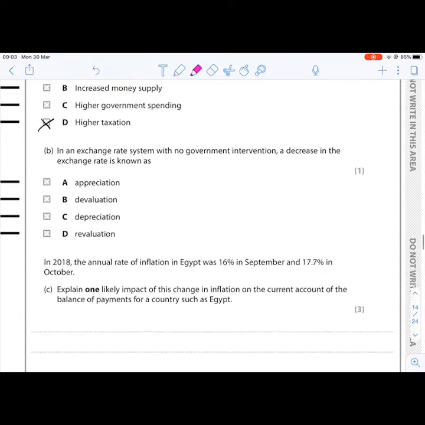The next question. In an exchange rate system with no government intervention, a decrease in the exchange rate is known as, well, it says no government intervention. So this is quite key. We already know from a previous question that it can't be devaluation and it can't be revaluation because that involves the government intervening to increase or decrease the value of the exchange rate.